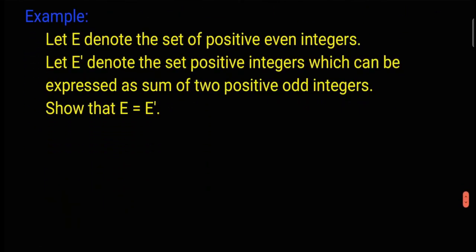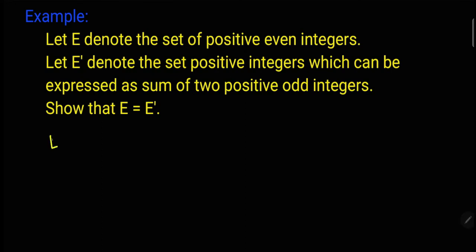For example, let E denote the set of positive even integers, and let E prime denote the set of positive integers which can be expressed as sum of 2 positive odd integers. So, we want to show that these sets are the same.